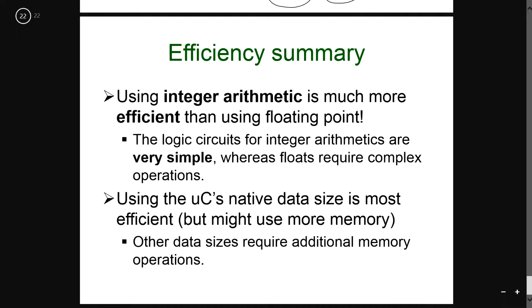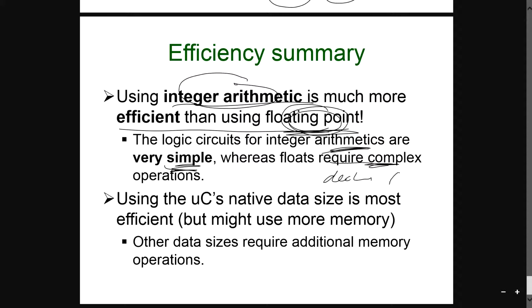The outcome is that integer arithmetic is more efficient than floating point. If your arithmetic is pretty simple and you don't need any precision, you are better off using integer. If you require a complex system, then we suggest you use floating point, because for decimal points you'll normally just use floating. That would be better.